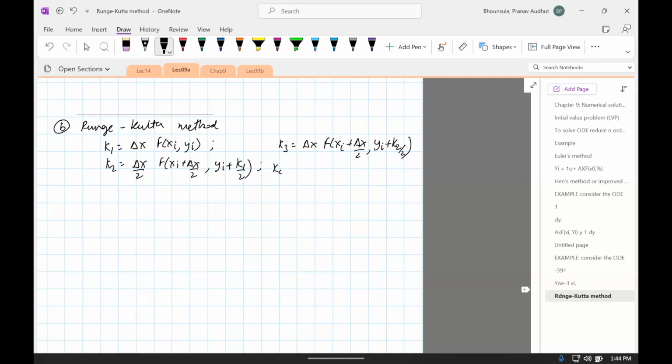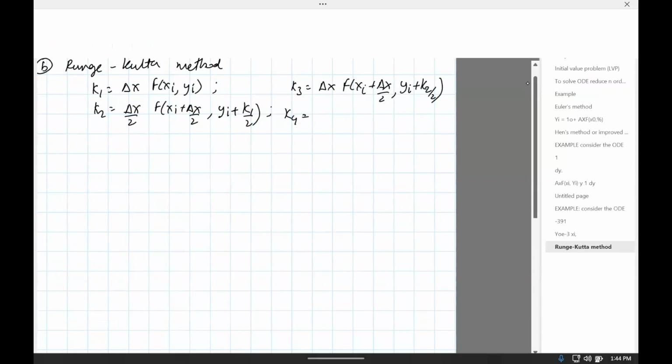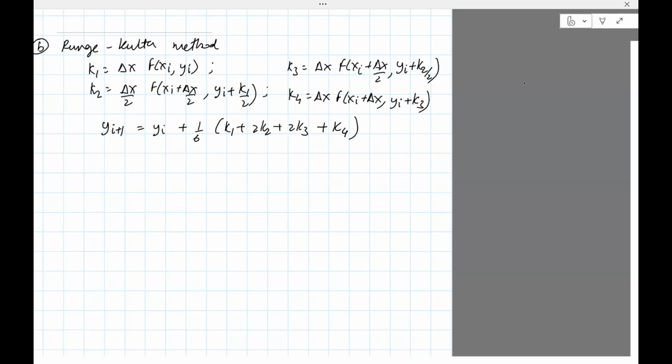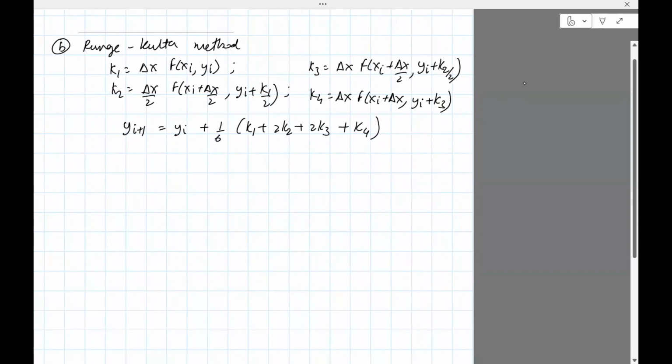And the update is y i plus 1 equals yi plus 1/6 of k1 plus 2k2 plus 2k3 plus k4. Okay, everything is now here, copy pasted from the formulas I gave you.